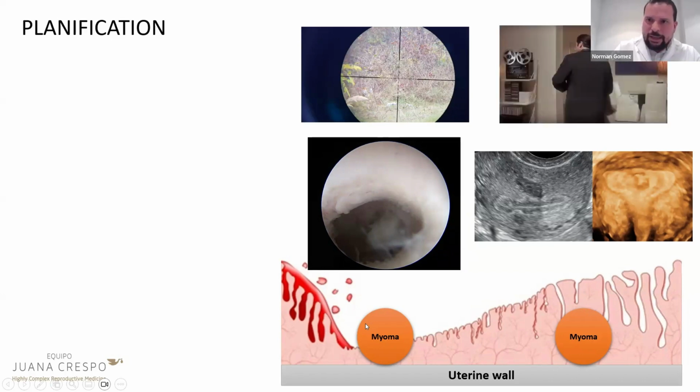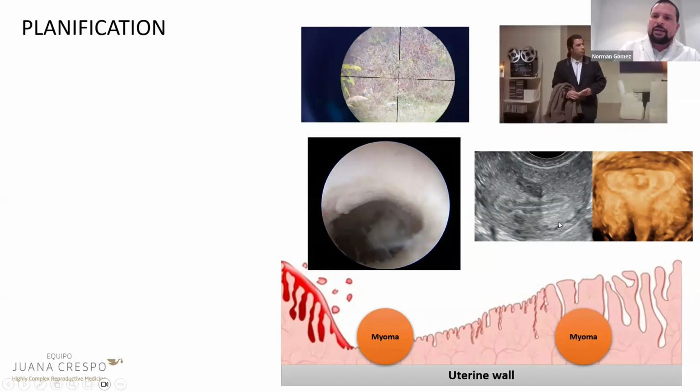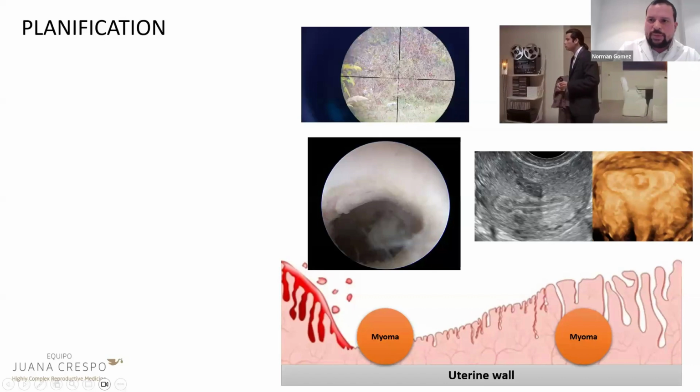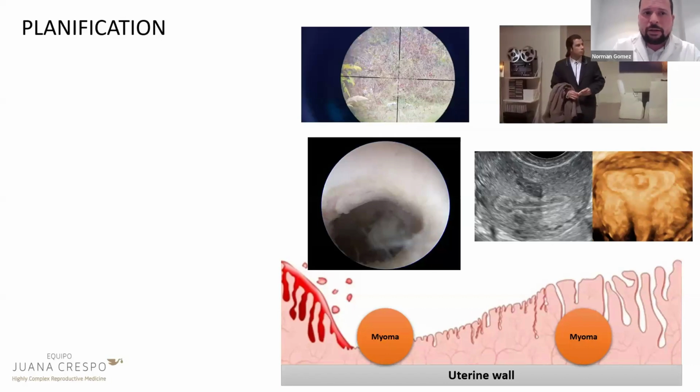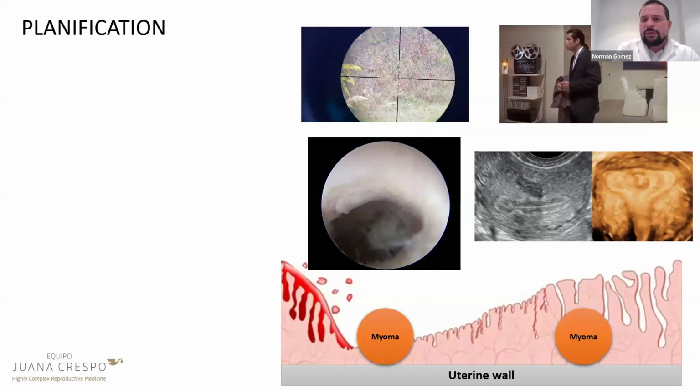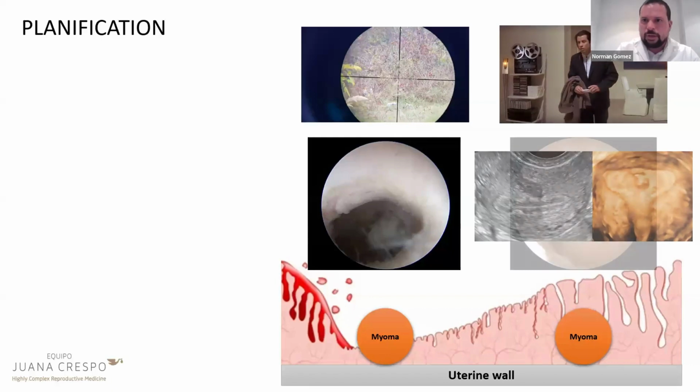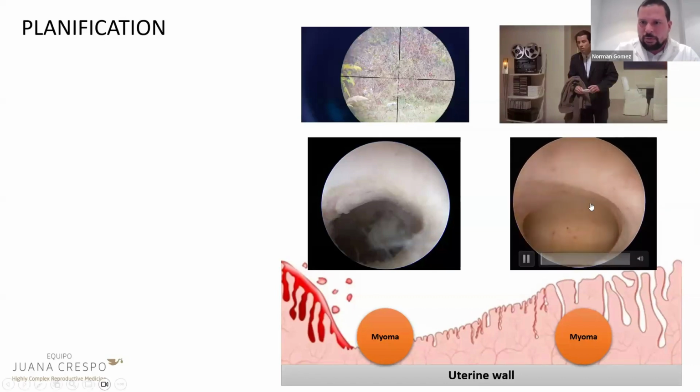But inside the uterine cavity, we can miss the lesion. We can miss the fibroid, and we can think that the uterine cavity is totally normal. And if the patient has a problem of bleeding or infertility, we cannot approach this particular case.